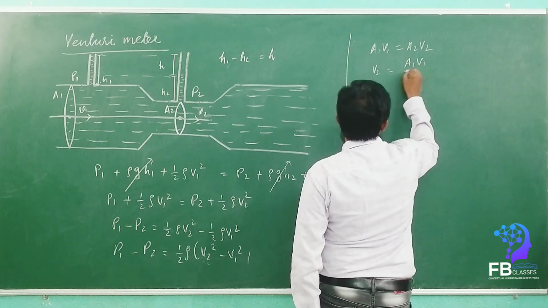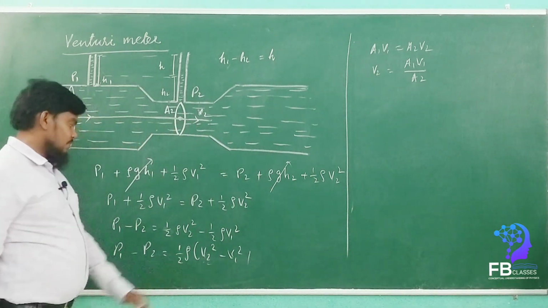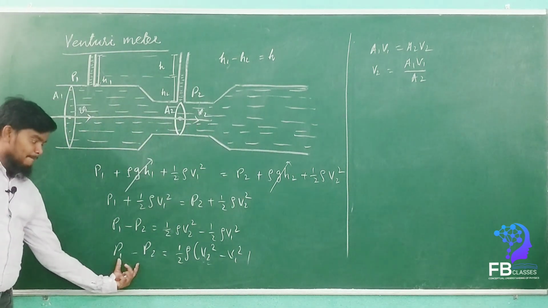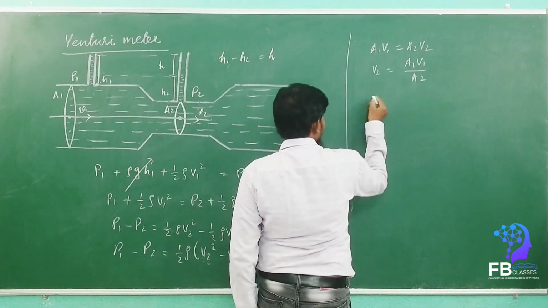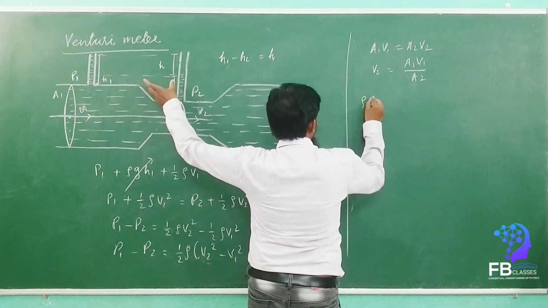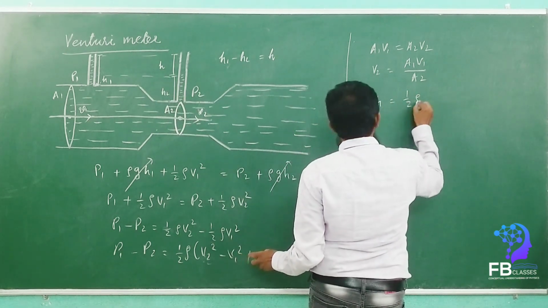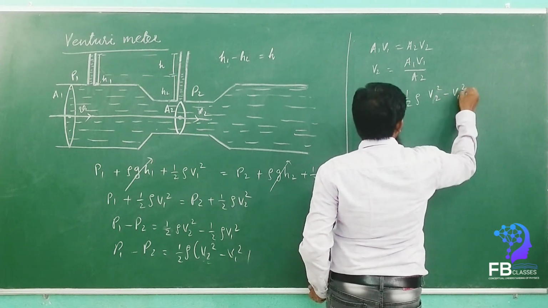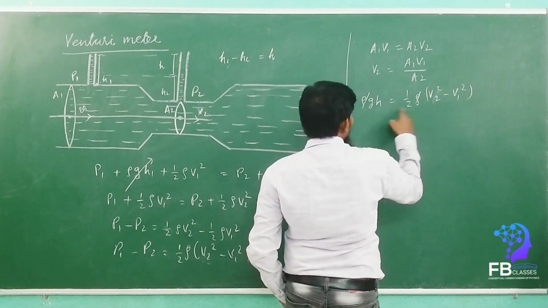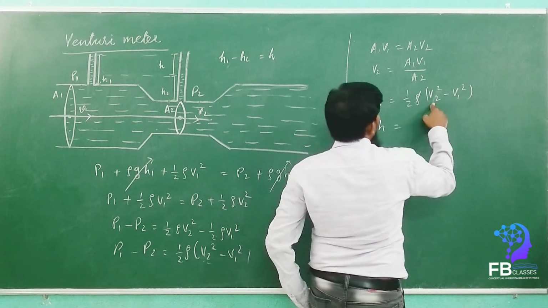A1 V1 upon A2. We can put the V2 value here. Understand? See here, P1 minus P2, the difference of the pressure, is rho G H. Rho G H is equal to half rho times V2 square minus V1 square. Rho gets cancelled here. So 2GH is equal to V2 square minus V1 square.